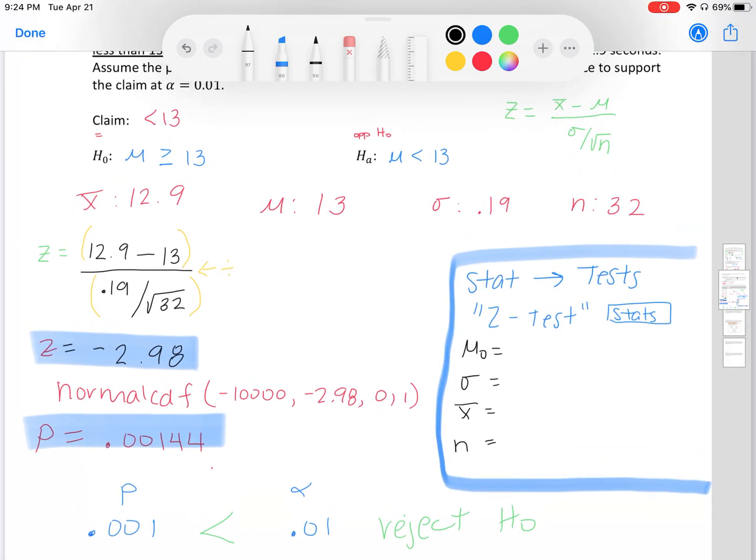And for this, you look at your HA. Your HA will help you answer this. So for our HA, we have less than. So we choose the less than out of our options. From there, choose your tail, and from there, we can choose calculate.